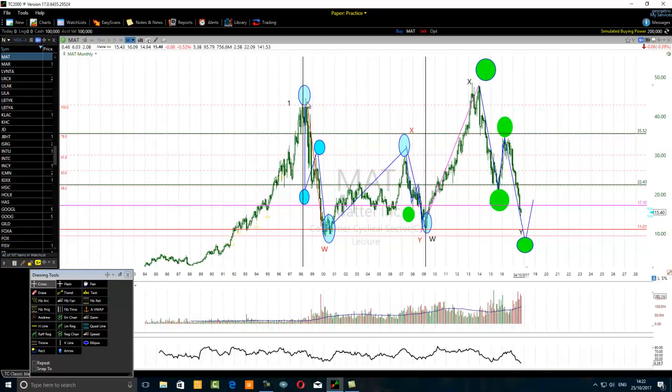All right. So in fact, we are still in the second wave of a higher degree. That second wave of a higher degree is not yet completed. And if it comes here, we'll be expecting a third wave of a higher degree, as we were expecting it here. So this third wave of a higher degree that was expected has failed. The trend did not happen. And again here, we'll be expecting again, or will this Mattel stock, an American stock, MAT, Mattel Incorporated, continue to consolidate, forming a gigantic consolidation?